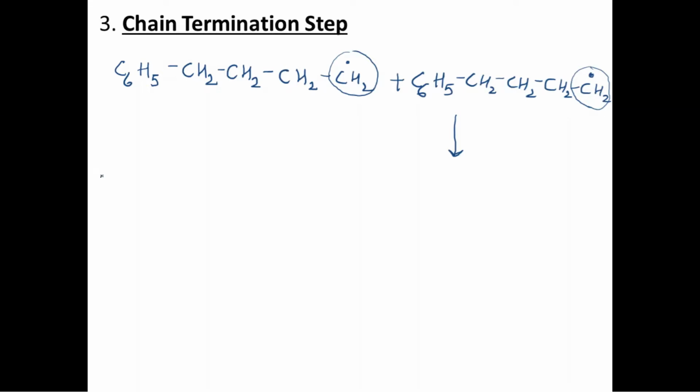So I write up what has been formed: C6H5, CH2, CH2, CH2, CH2. Now this will form a free radical and this free radical will form a bond. So I'm joining up these two.